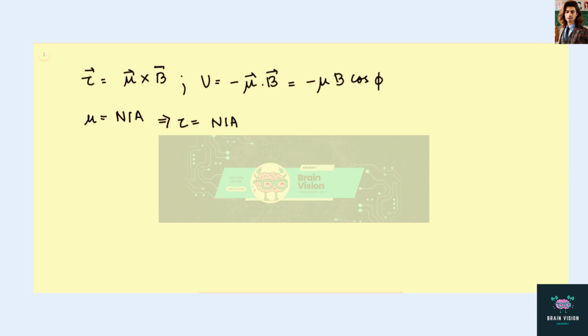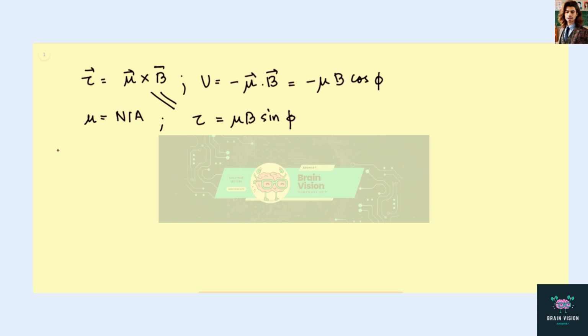The direction is given by the cross product of both these vectors. For simplicity, let's write the expression for the magnitude: the magnitude of torque is equal to mu times b times sine theta.